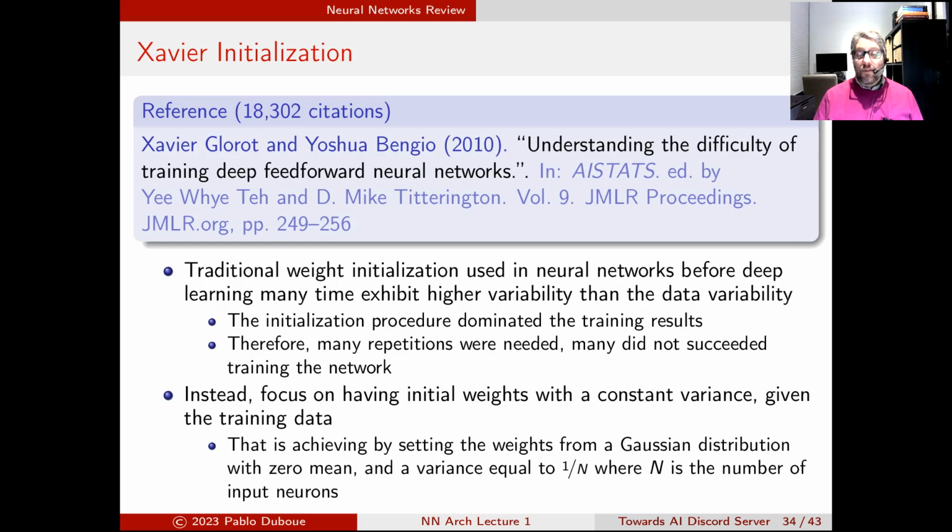So there was a need to train the network multiple times because many of the times the network just didn't converge in the training. Instead, with deep learning initialization techniques, we can control the variability of the weights, and now we can train them in a more consistent manner.